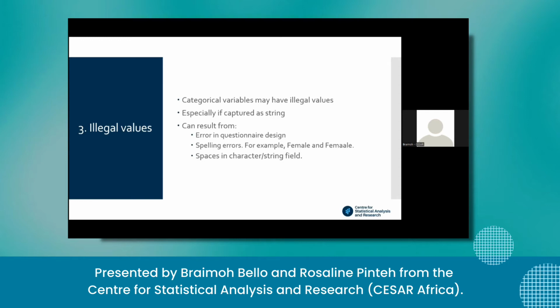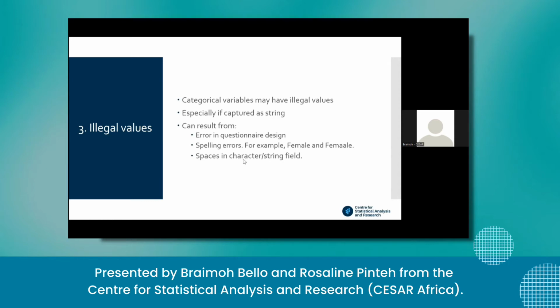Or it's made a free-flowing text where people can type their sex instead of selecting from a drop-down menu, as you heard just now when Kelly and Daniel were presenting. Instead of having a drop-down menu, the person has programmed that question to be a free text, and as a result, some people have typed female correctly, and others have typed female with double A.